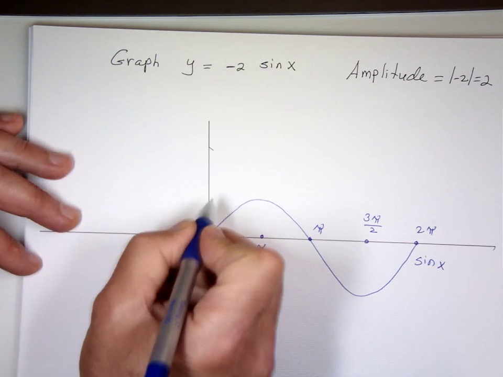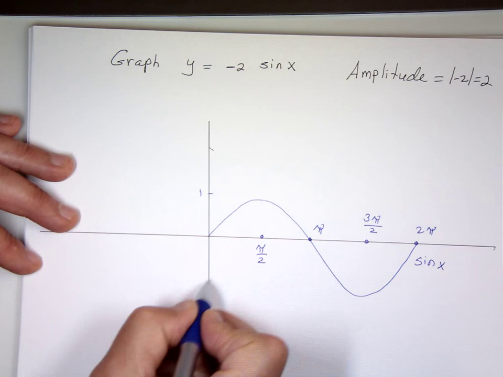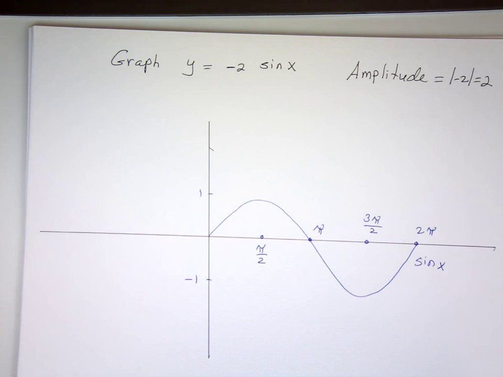As high as 1, negative 1. We know what the 2 does. The 2 makes it what? Twice as high. But what's the minus sign going to do? It's going to flip it. The plus becomes the minus, the minus becomes a plus. Basically what you're doing, you're multiplying each value by negative 2.